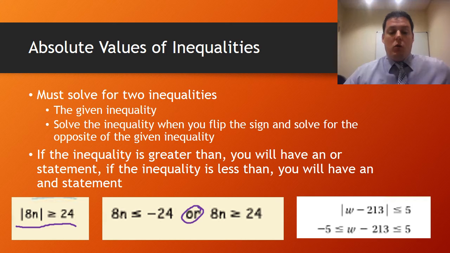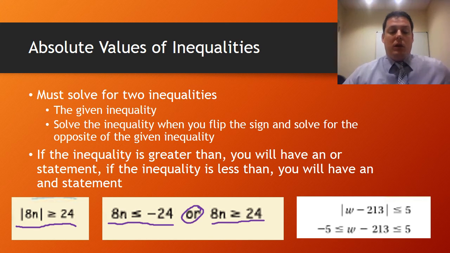So 8n is greater than or equal to 24. We're going to write that expression out, and then we're also going to flip the sign and change the sign, so that we have 8n is less than or equal to -24.